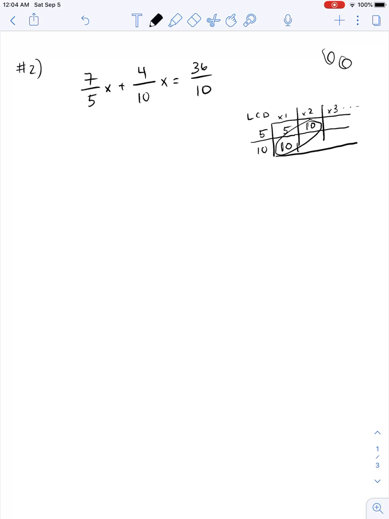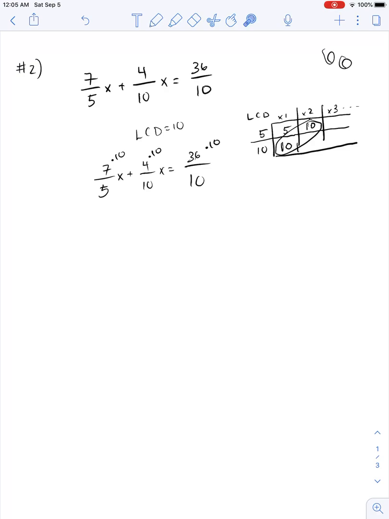So we find our LCD to be 10, which means we're going to multiply each fraction, each part by 10. So your LCD is 10. So now let's write each one of these down. Rewrite our problem. Now we're going to multiply by 10, multiply by 10, multiply by 10.